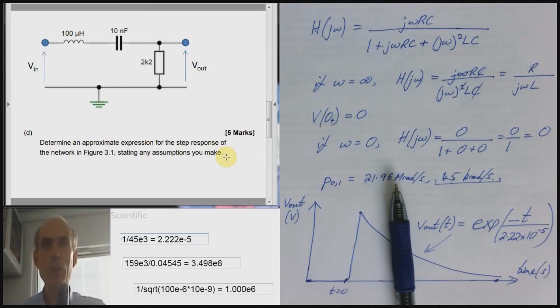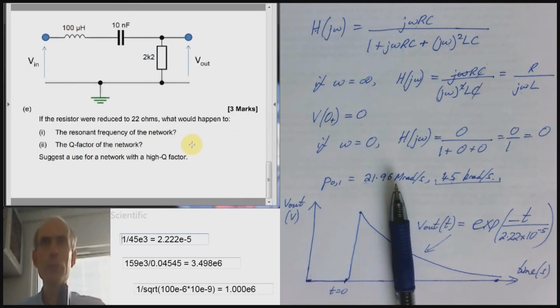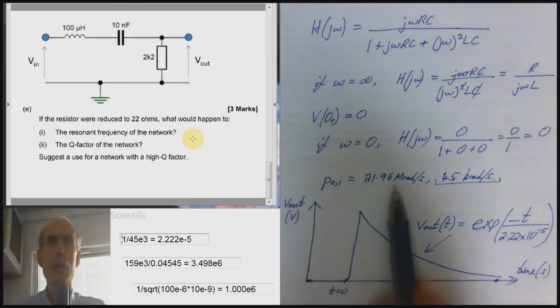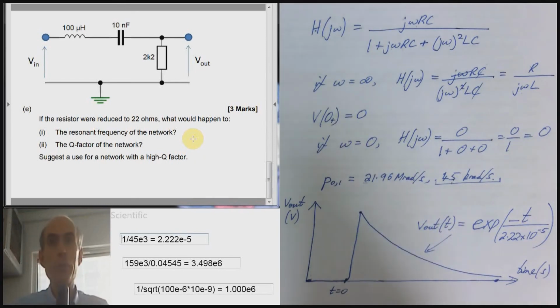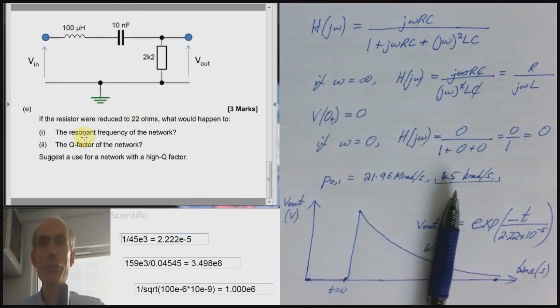Right, I think there's only a small little bit left in this problem, just the final part. And if you just look back at what your expressions for resonant frequency and Q factor are in terms of the components in the network, you will note that the resonant frequency is the frequency at which the inductance and the capacitance cancel out.